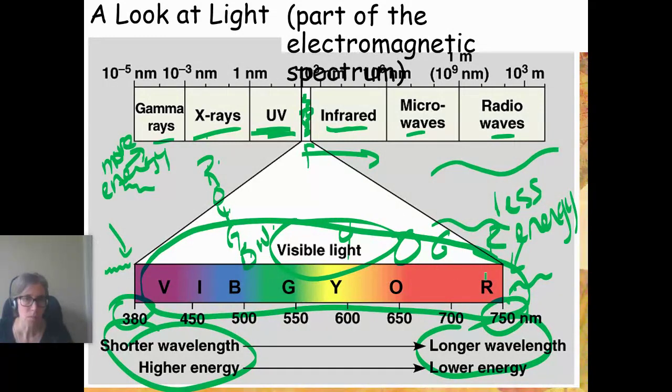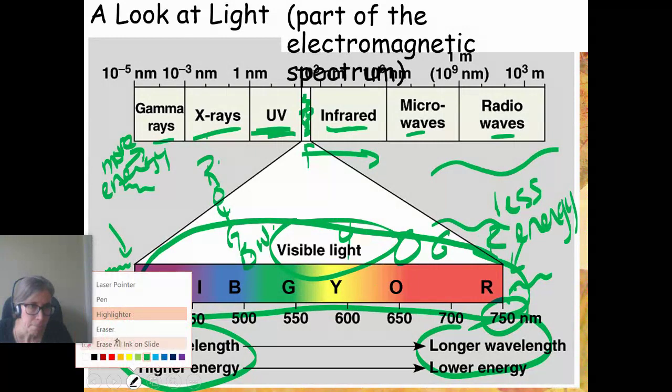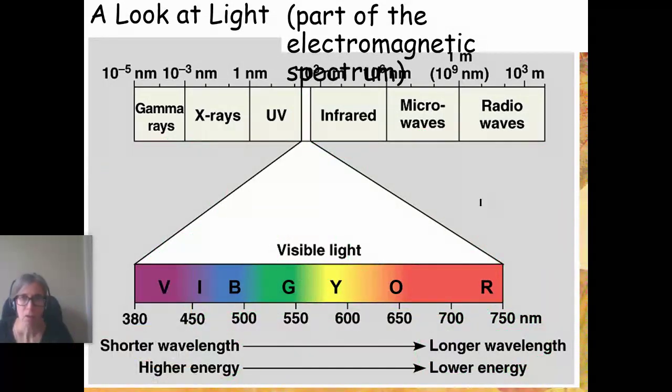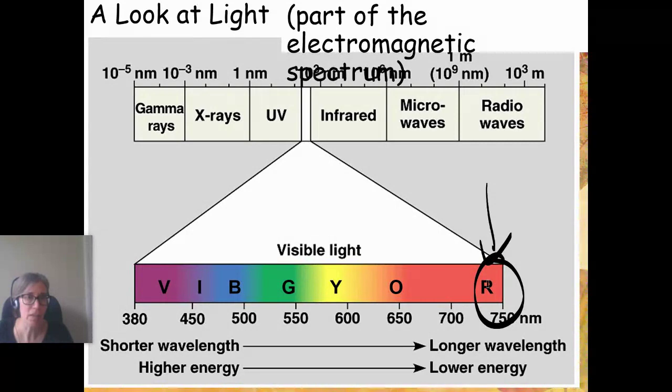And so when you see something that's red, when you see a red shirt, your red receptors are firing because they have these long wavelengths of light hitting them. And when you see green, your green receptors are firing.